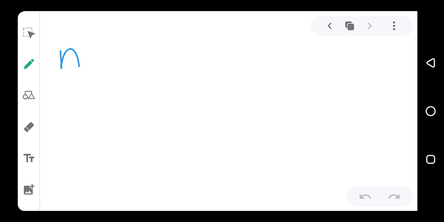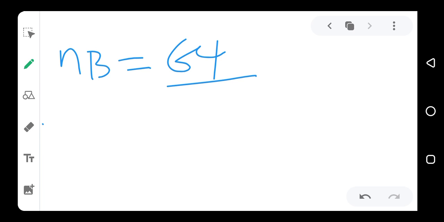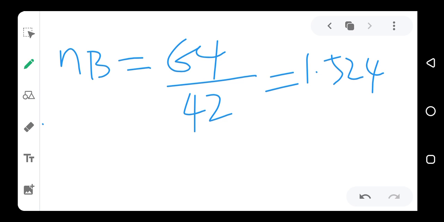So Nb is equal to number of moles of gas B, which is equal to mass of gas B over molar mass of gas B. So we have 64, which is the mass of the gas B given to us in the question, over molar mass of gas B, which is 42. Now 64 over 42 gives us 1.524.